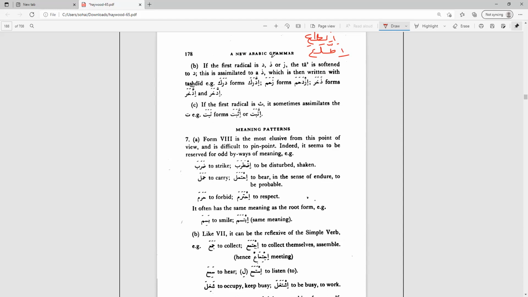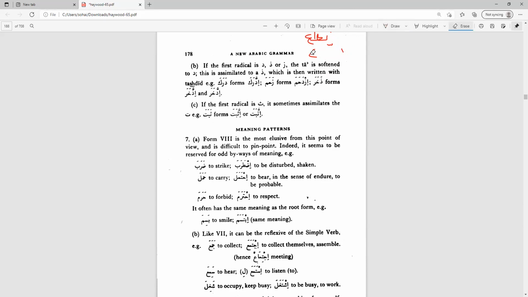This also continues with the potential changes this verb may go through depending on what the first root letter is. If the first radical is dal, dhal, or za, the additional ta is softened to dal. This is assimilated to a dal, which is then written with a tashdid.